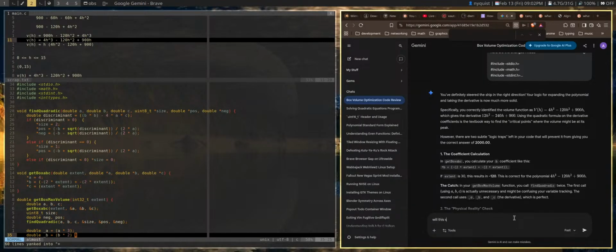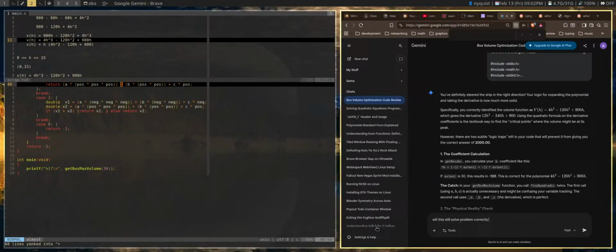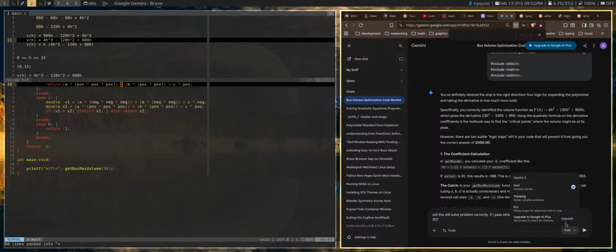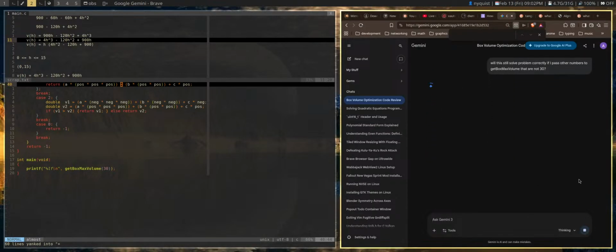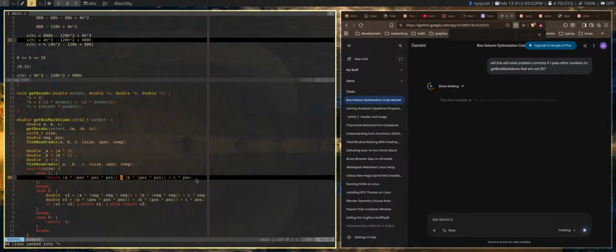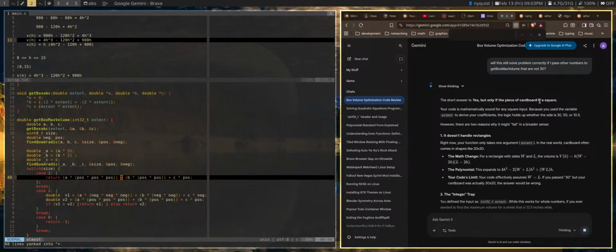Will this still solve it if I pass other numbers to get box max volume that are not 30? I could write tests. Yes, but only if the cardboard box is a square.